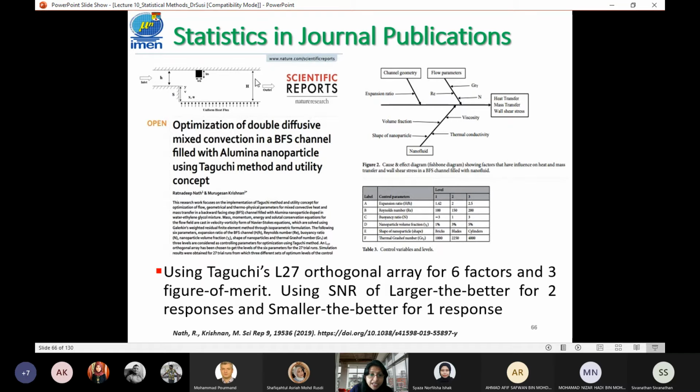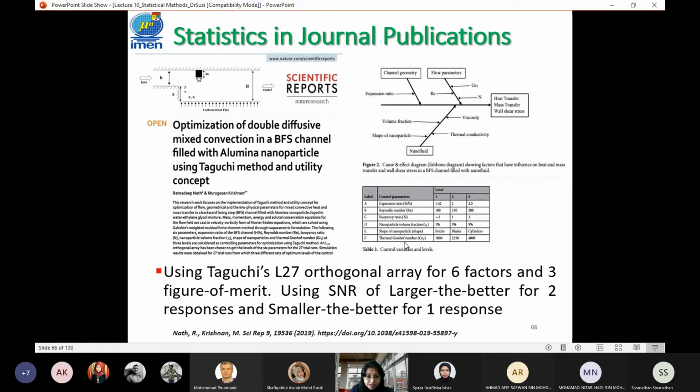You have an inlet and an outlet, and it's filled with alumina nanoparticles. The researchers are trying to optimize this channel, using Taguchi method, L27 orthogonal array, with 6 factors.